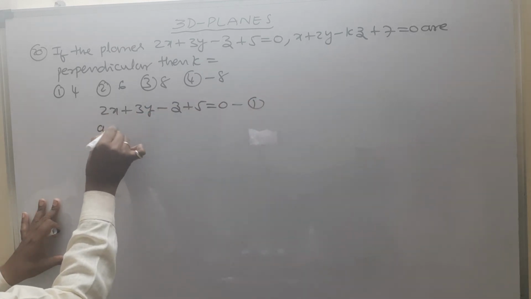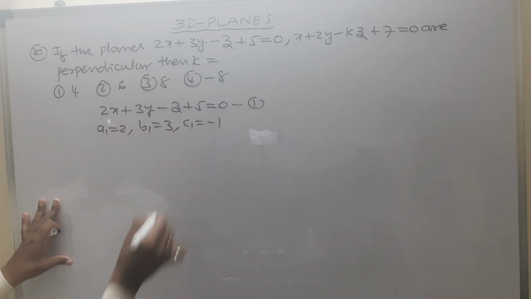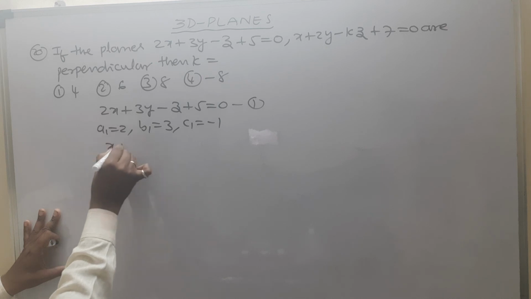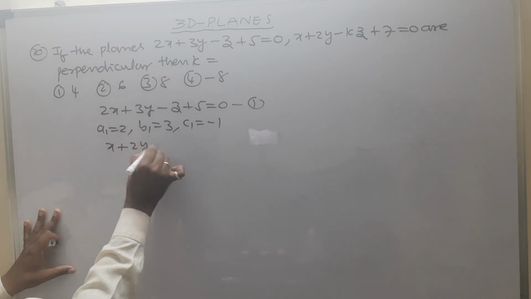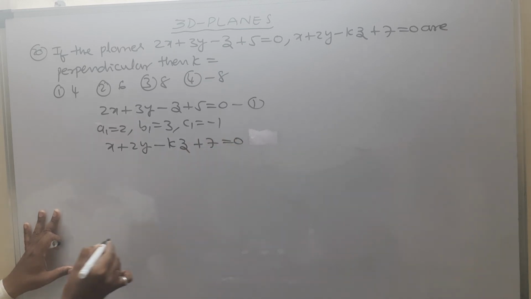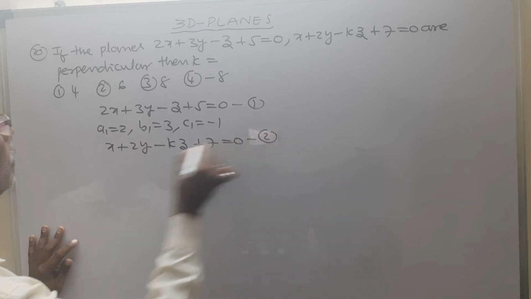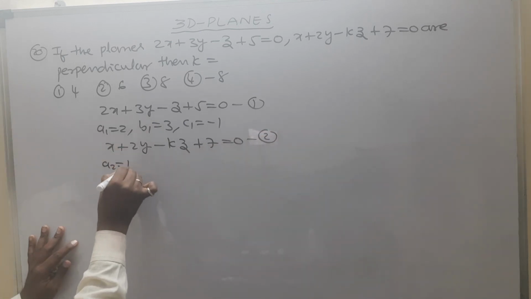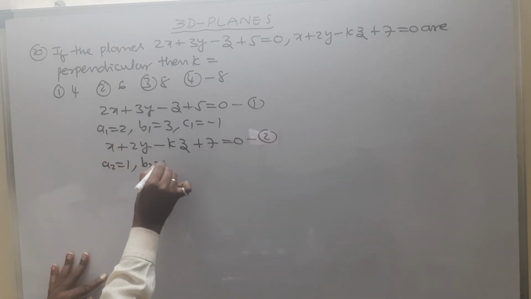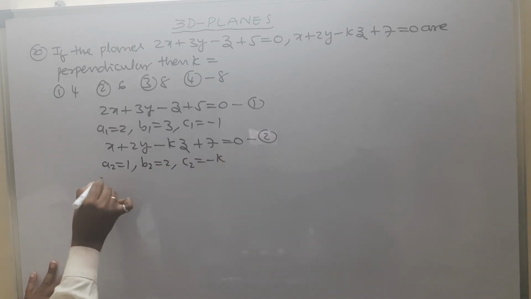Here a1 equal to 2, b1 equal to 3, c1 equal to minus 1. Second plane equation x plus 2y minus kz plus 7 equal to 0. This is equation 2. Here a2 is equal to 1, b2 is equal to 2, c2 is equal to minus k.